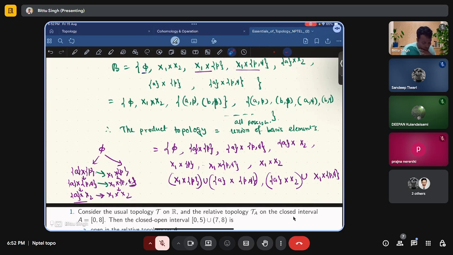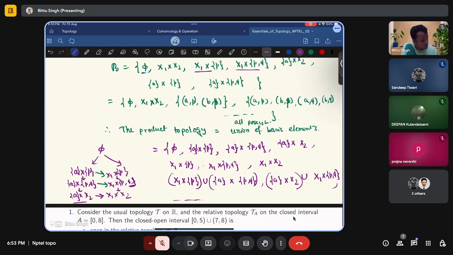So probably all those are open sets, but you also need to check that there are no other choices. Those two pairs are chosen, and is there any other combination? For example, this pair and this pair. We also need to take those two pairs. So we need to write all those possible combinations, and that will give me the product topology.